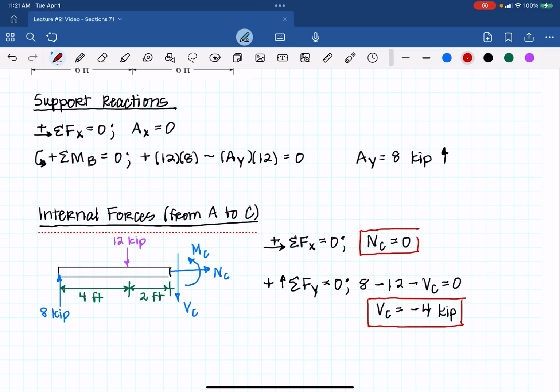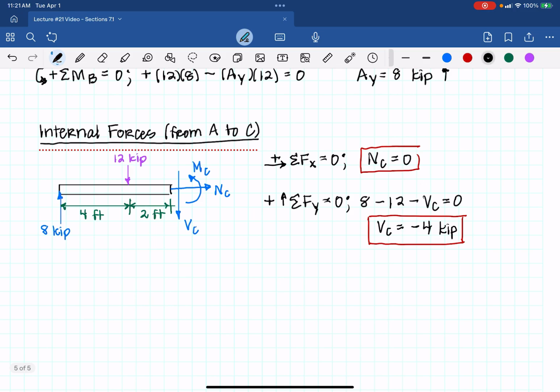All right, the last thing I've got is my bending moment. So I am going to take the moment at C. And clockwise is positive. The moment at C equals 0. And the bending moment is positive at C. And then I've got the 12 kip force, which is also positive, and it is 2 feet away.